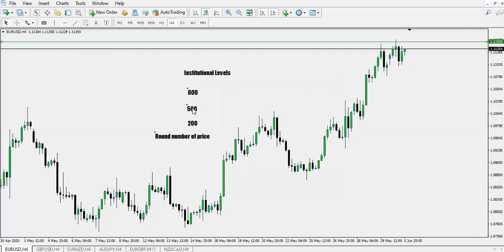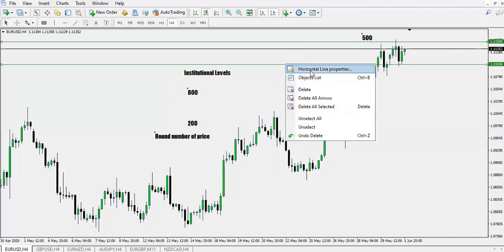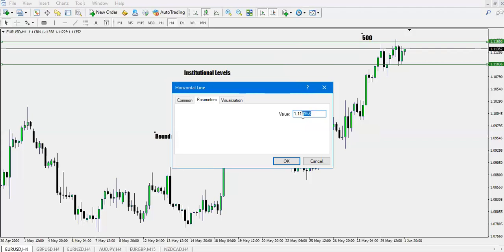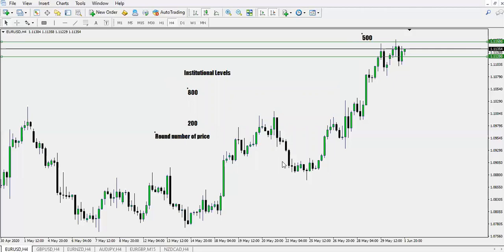So that is an institutional level of 500. If we add another price level, we can then add the one underneath that, which is 1.11200 right there, just like that.